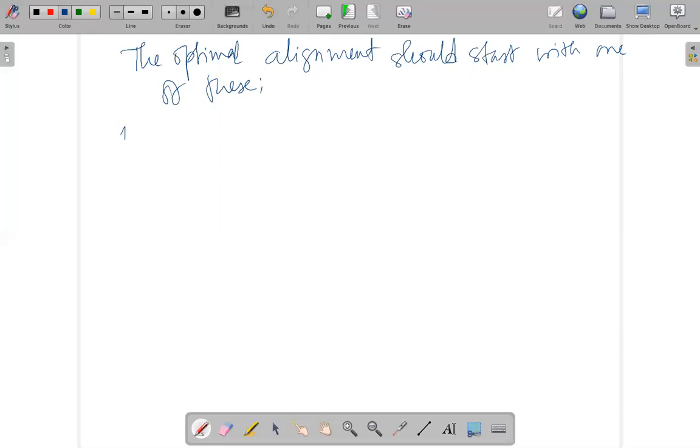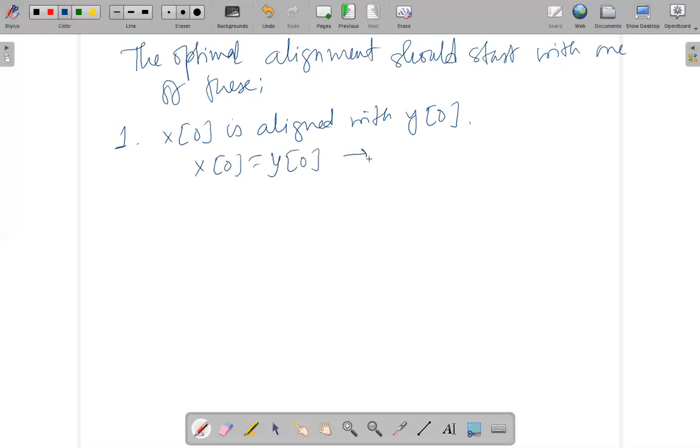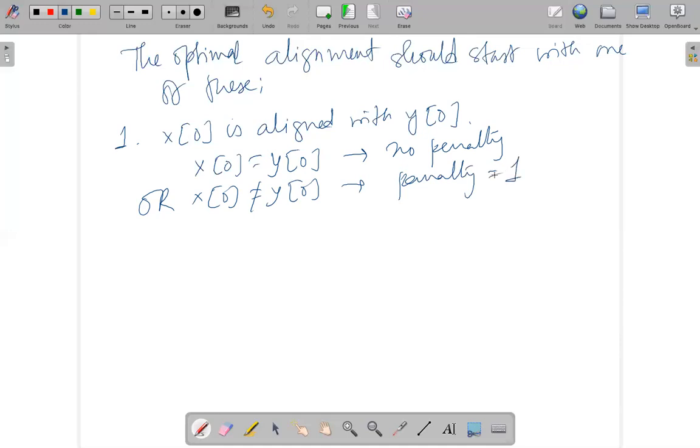So, the first case is that x0 is aligned with y0. Now again, there can be two cases. One is x0 is equal to y0, which means no penalty, or x0 is not equal to y0, which means a penalty of 1. Okay.